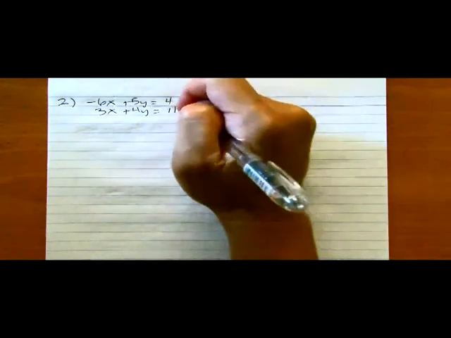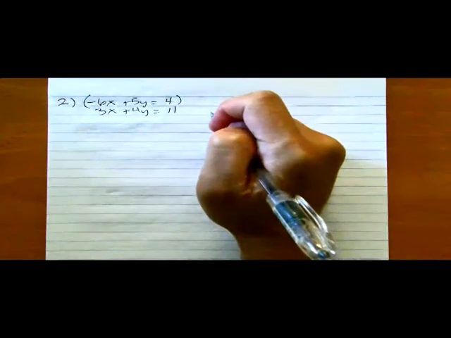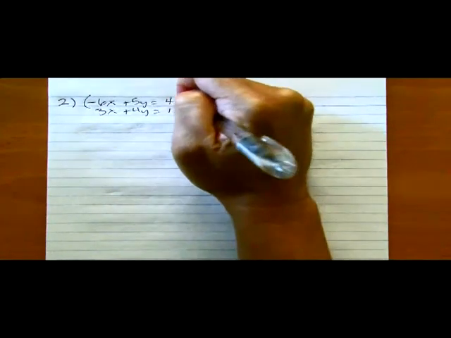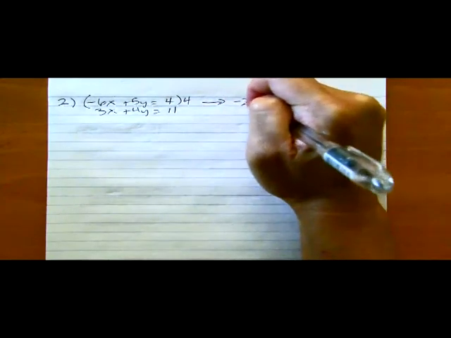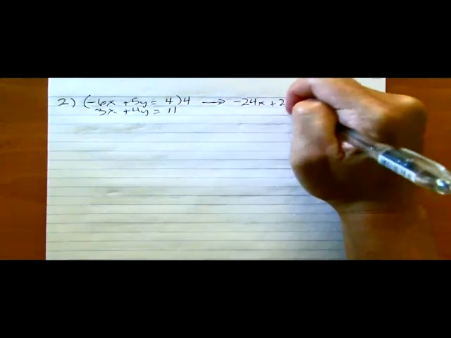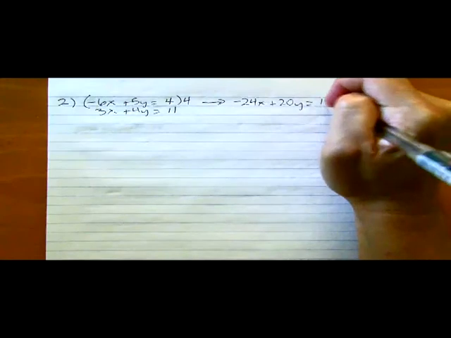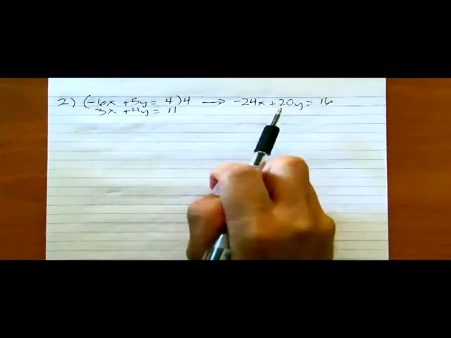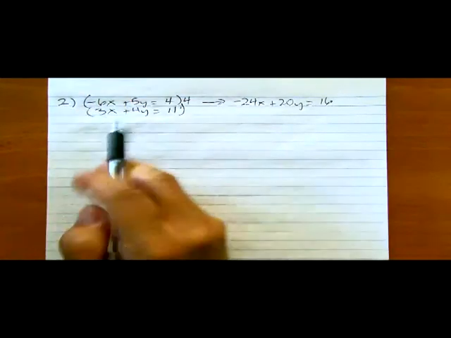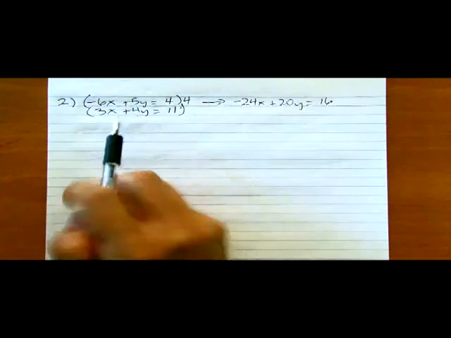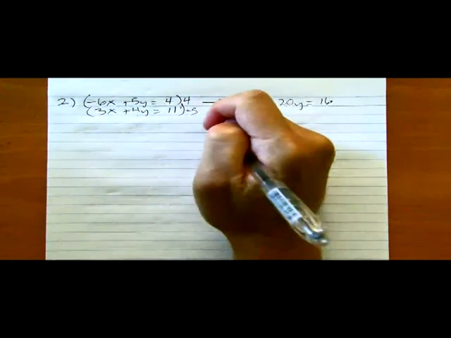We are going to take the first equation. Let's get this to be a 20. We're going to multiply the top equation by 4. So that'll give us a negative 24x plus 20y equals 16. Now, if that's a 20, we need to make the bottom equation a negative 20. So we should multiply that one by negative 5.